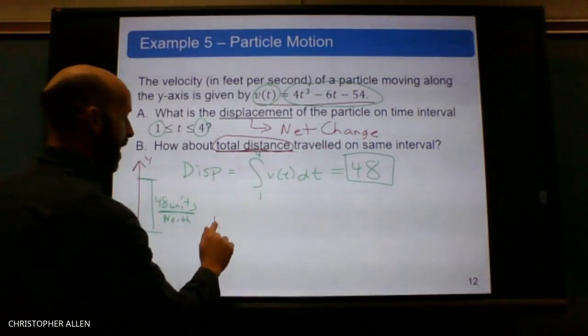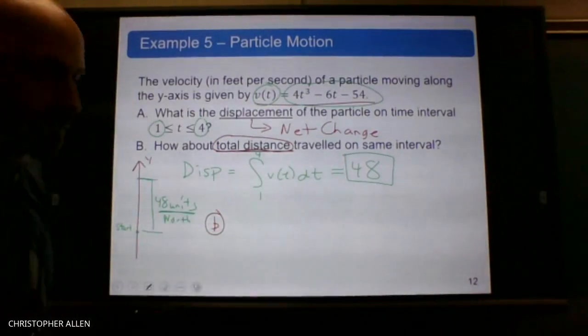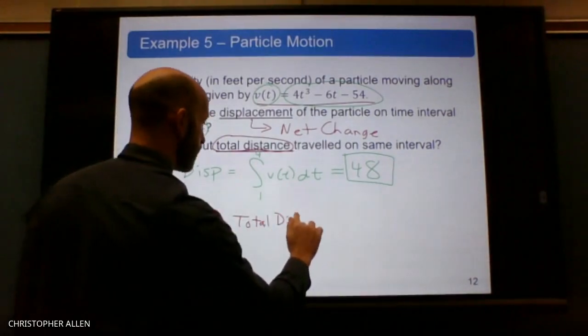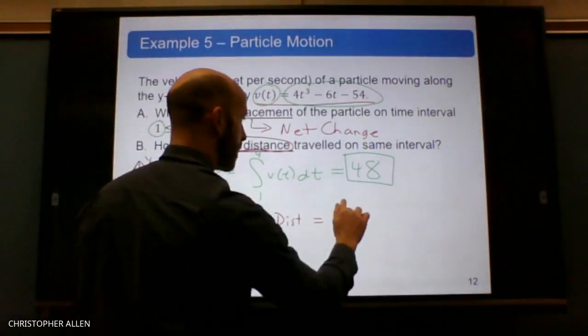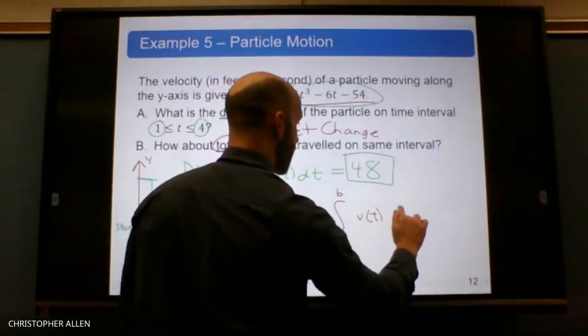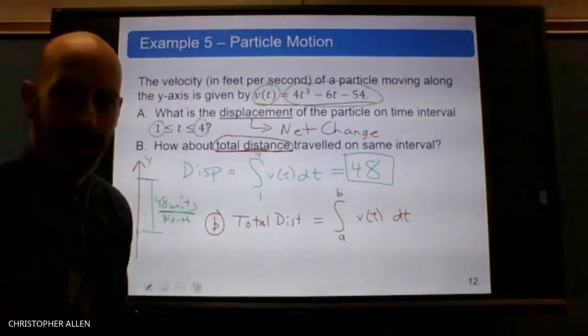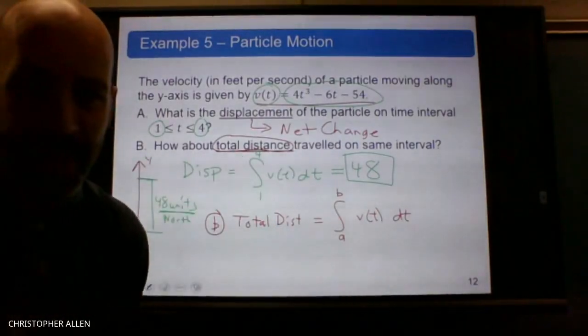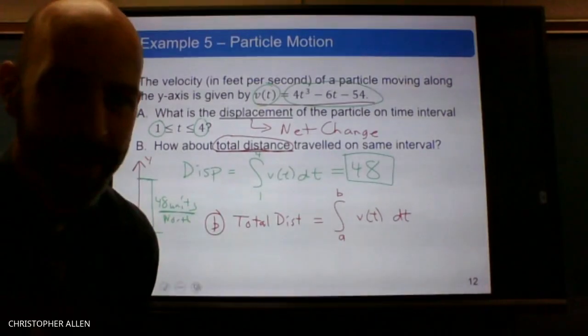You definitely want to add this to your notes. Total distance is equal to the integral from a to b of v of t dt. Does anybody know what I'm going to add? This, by the way, looks exactly like what we just did there, right? Does anybody know what I'm going to add to this to get the total distance?